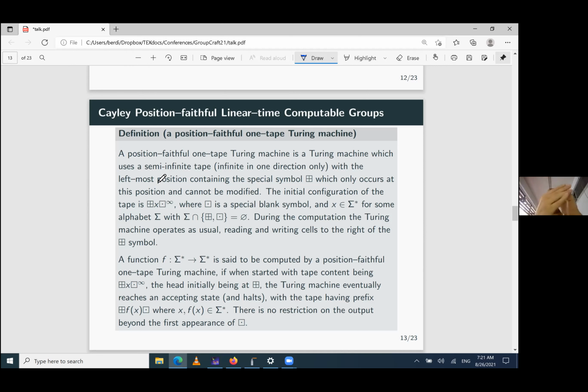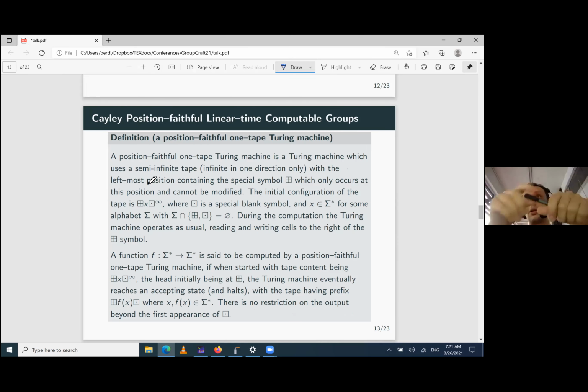And you have a classical result, which you can find in the classical reference, Epstein et al., Word Processing in Groups, that in this case you have a linear time algorithm for multiplication. So you have a representative for a group element g, and you can get a representative for the group element ga by running this linear time algorithm.